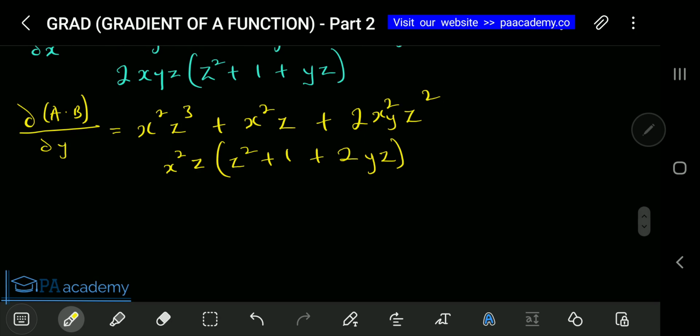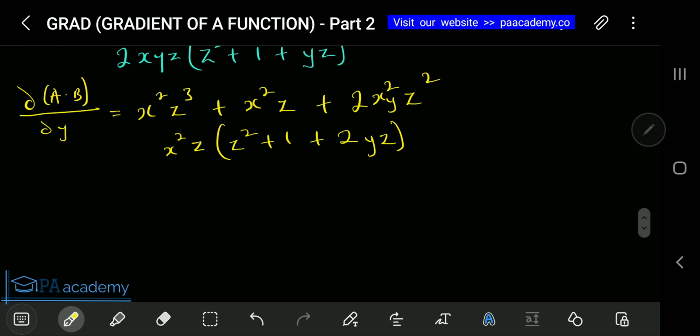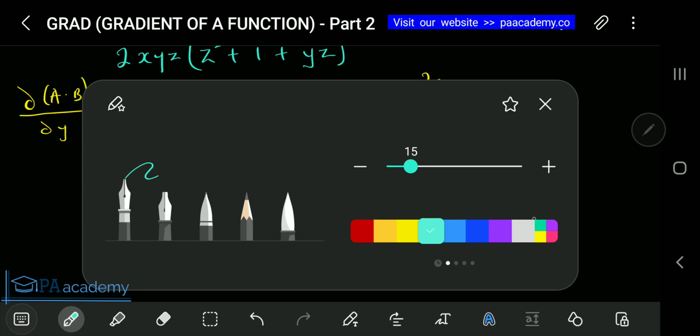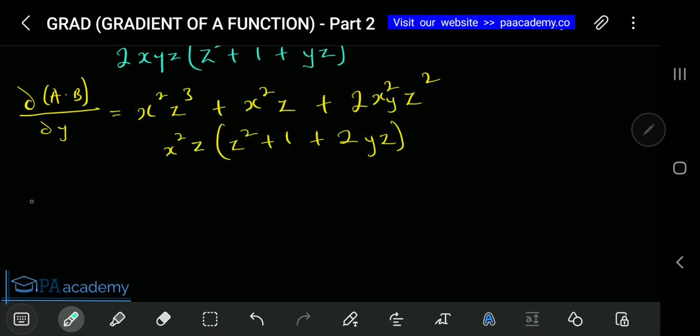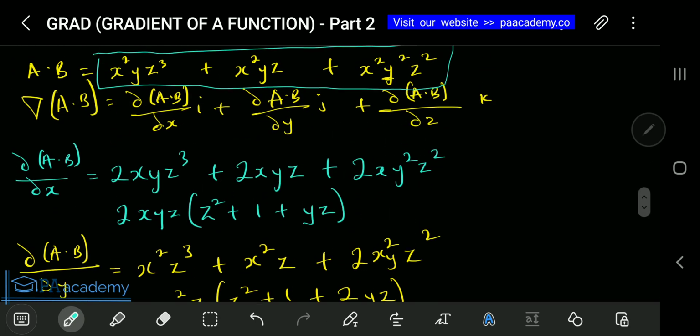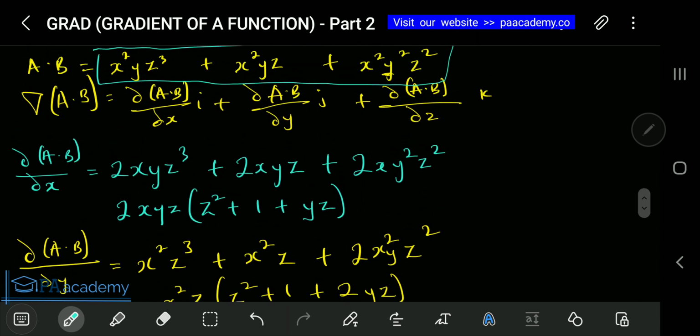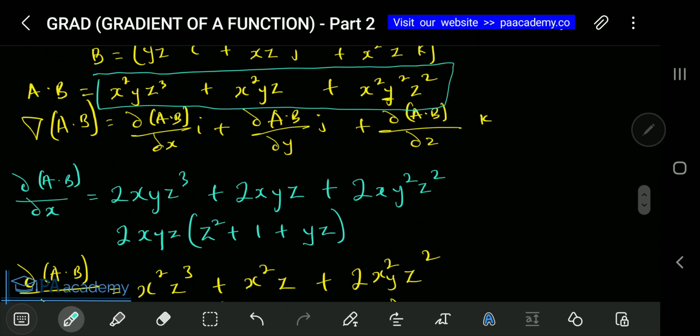Okay. All right. So now let's do the last one. That will be the partial differential of the dot product of a and b with respect to z. Okay, so let's look at that of z. If you differentiate z cubed, that will be 3z squared.